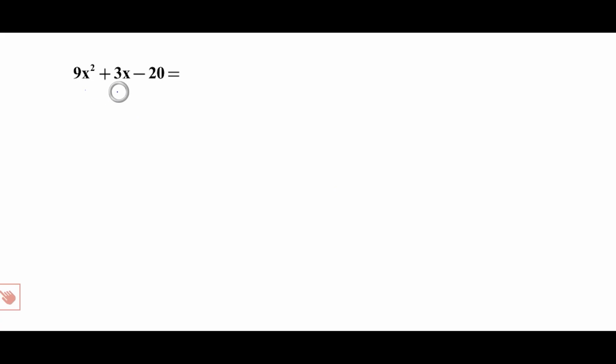In this problem, the common term is 3x, because the square root of 9x squared is 3x. So we have 3x in brackets. Now, under the second term, we write 3x. So we see the coefficient of 3x must be 1.